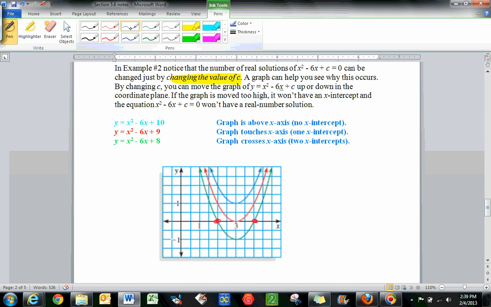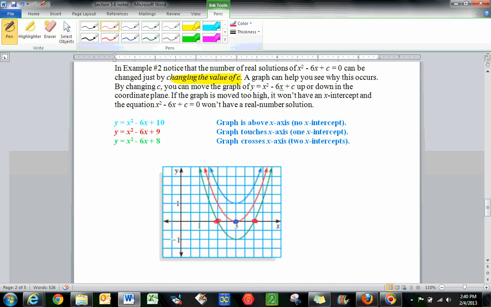In another case we hit the x-axis once, and in the third case we do not hit the x-axis at all. That is the relationship we've been discussing between two real solutions and two x-intercepts, one real solution and one x-intercept, and two imaginary solutions and no x-intercepts.